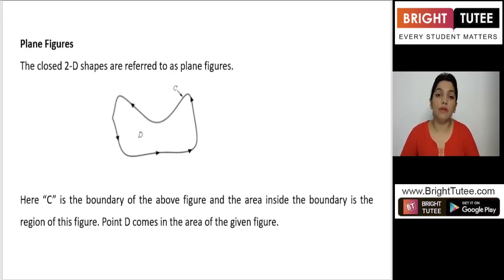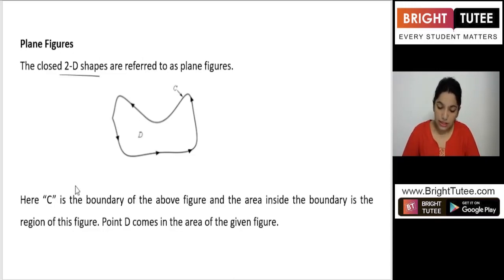What is a plane figure? The closed 2D shapes are referred to as plane figures. As you can see, it's just a flat shape. Anything like a square, a rectangle, a circle, a trapezium, or any kind of polygon that you draw, when it is 2D shaped, it is a plane figure.